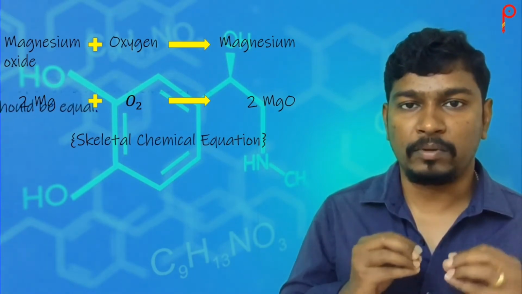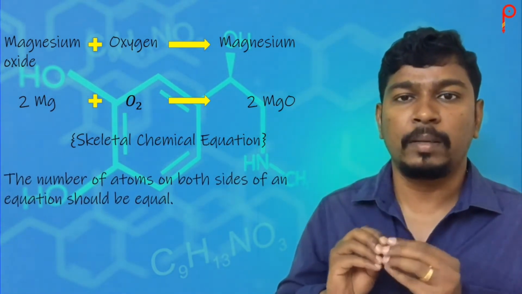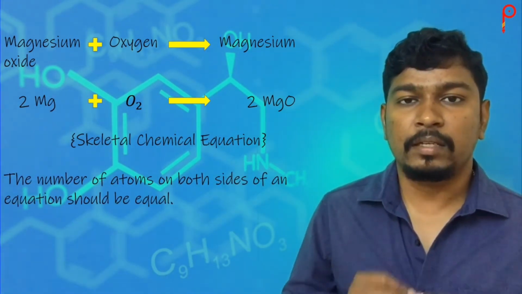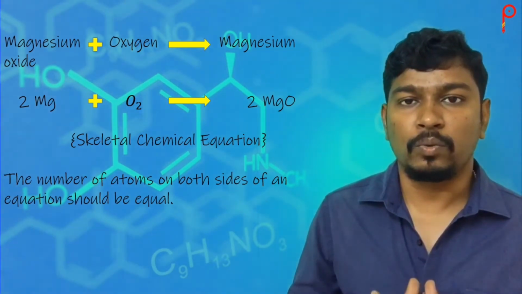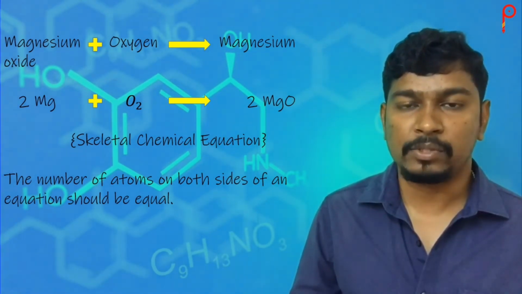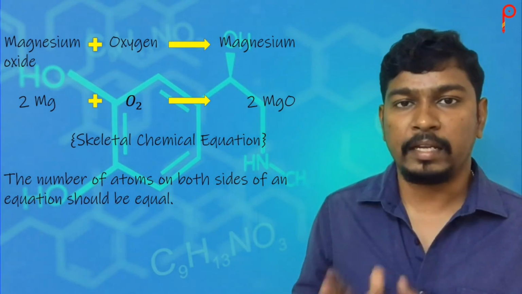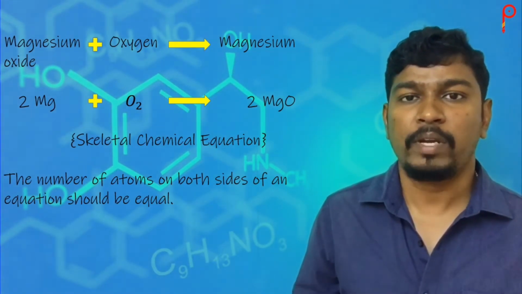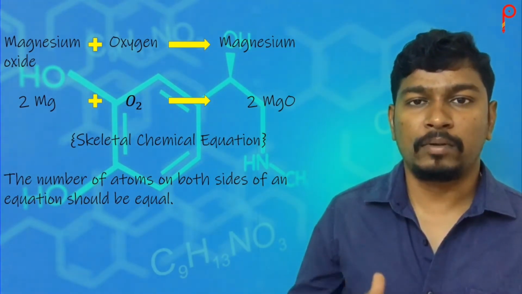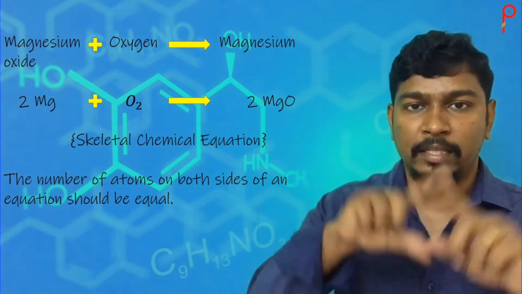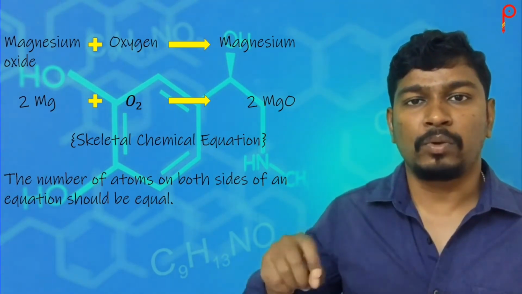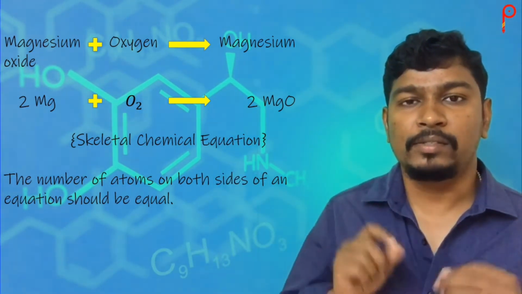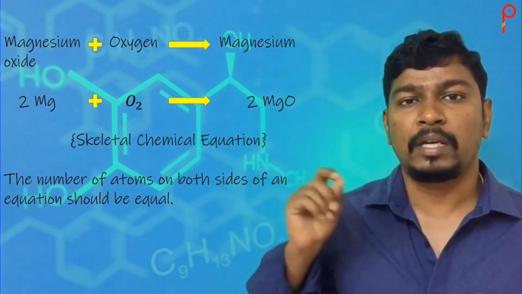We know about the reactants, we also know about the product, but it is very important to match the number of atoms on the left hand side and right hand side because this is an equation. When we don't know about the total number of atoms, this equation Mg plus O2 giving MgO is known as a skeletal chemical equation.